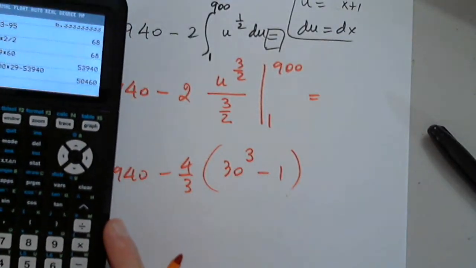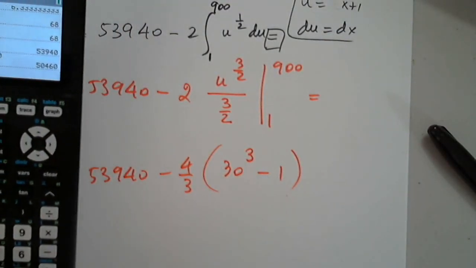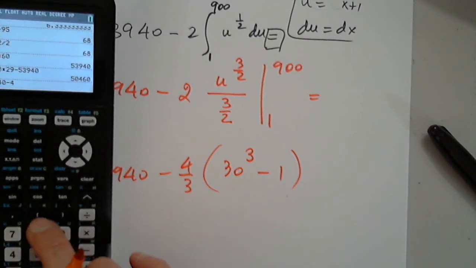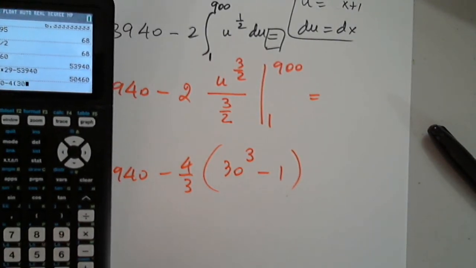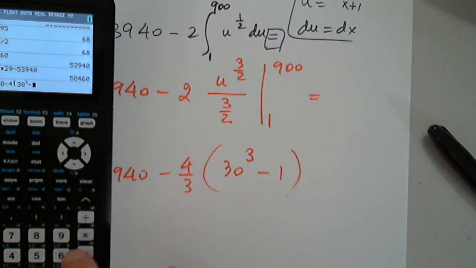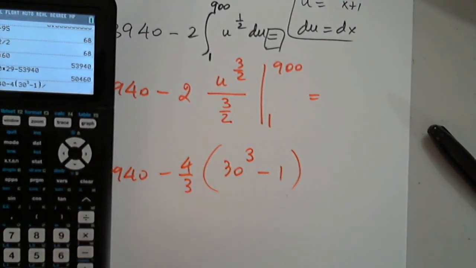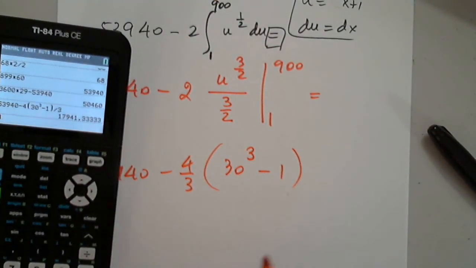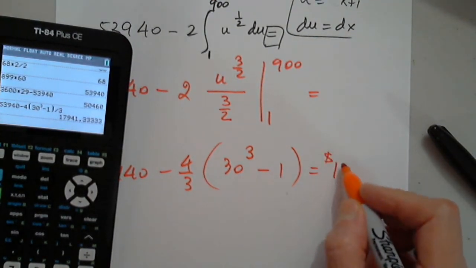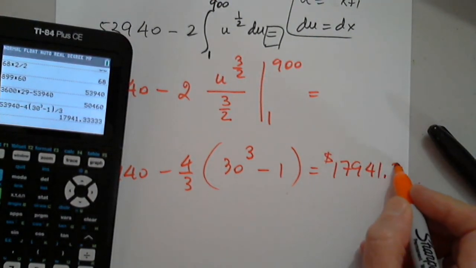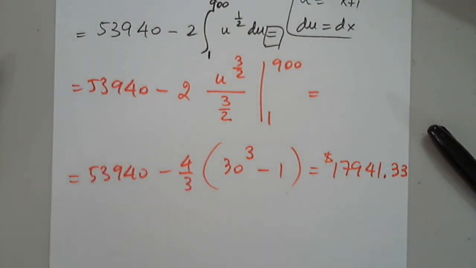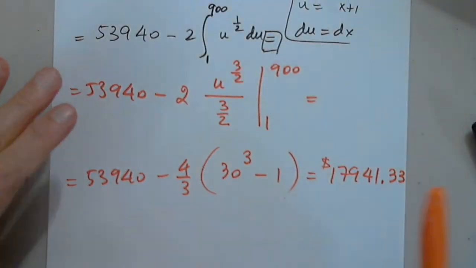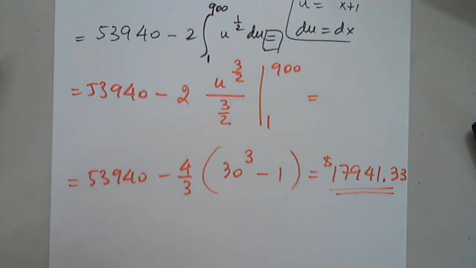Okay, let's see what I come up with now. 53940 minus 4 times parentheses 30 to the 3rd power minus 1, and don't forget to divide by 3. I got 17941.33. Okay. I wasn't expecting such large numbers, but I guess it is what it is.